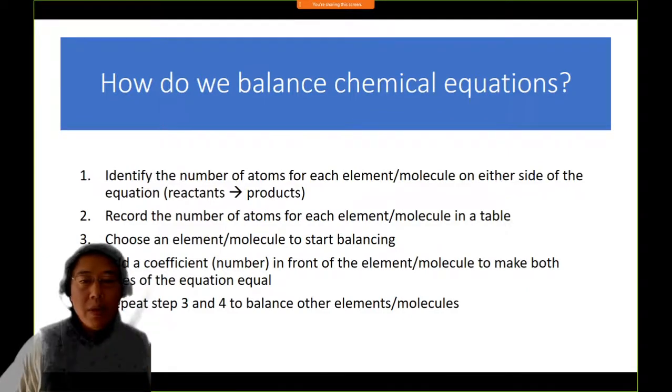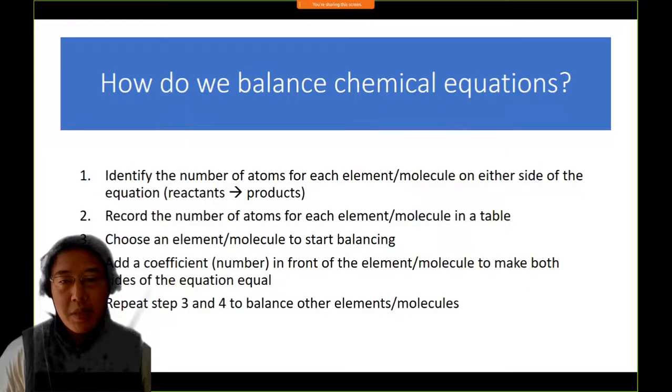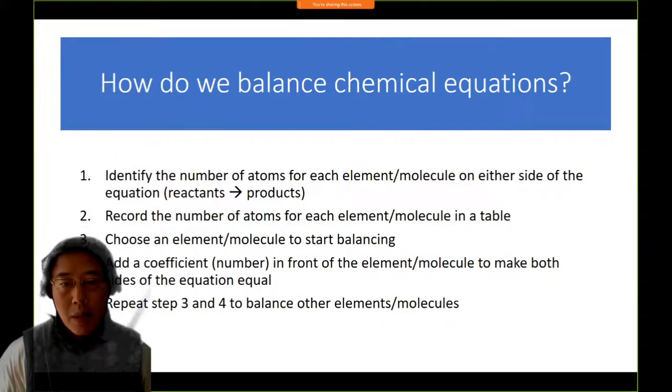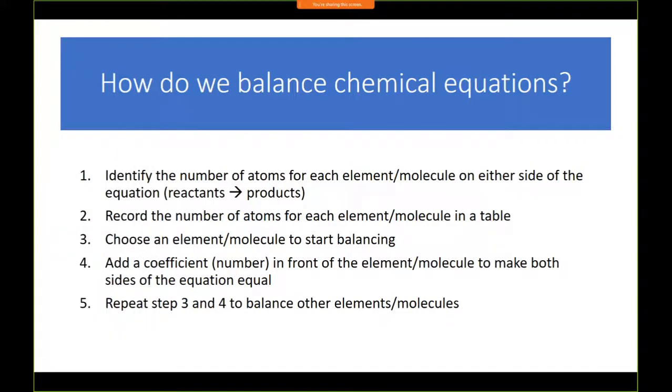Alright, these are the steps you need to do to balance the equations. Step 1, you need to identify the number of atoms for each element or molecule on either side of the equation, and you list them in a table.